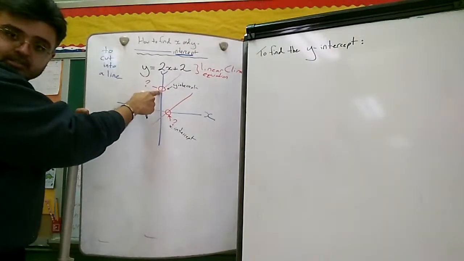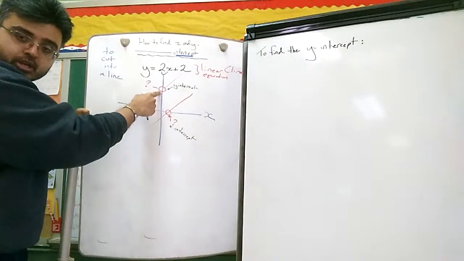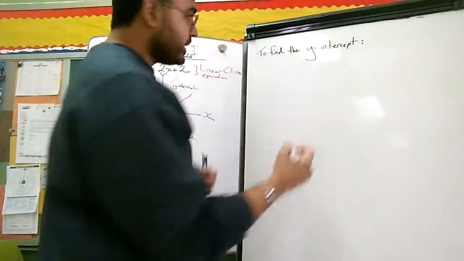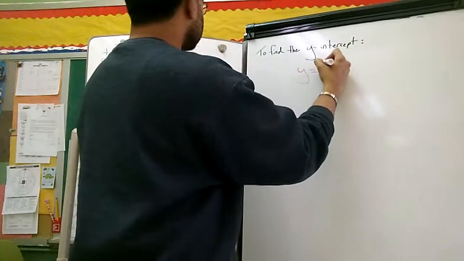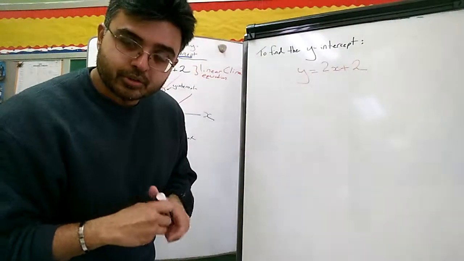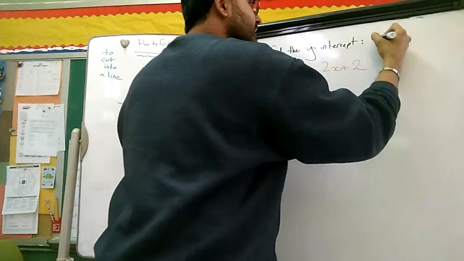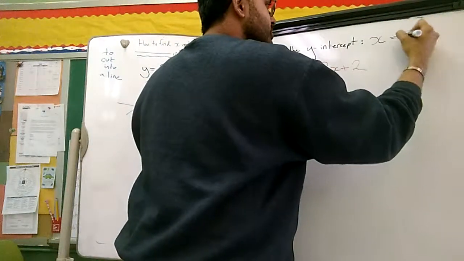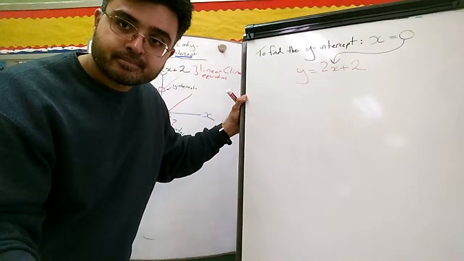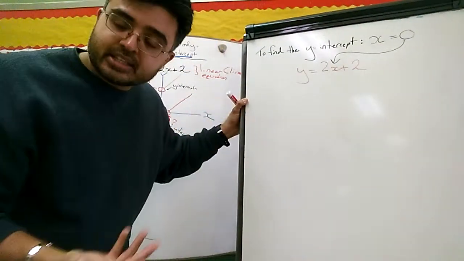To find this point on the y-axis, all you have to do is take your equation, y equals 2x plus 2, and make x equals 0 and plug it in and solve for y. That's it, and you will find the y-intercept.